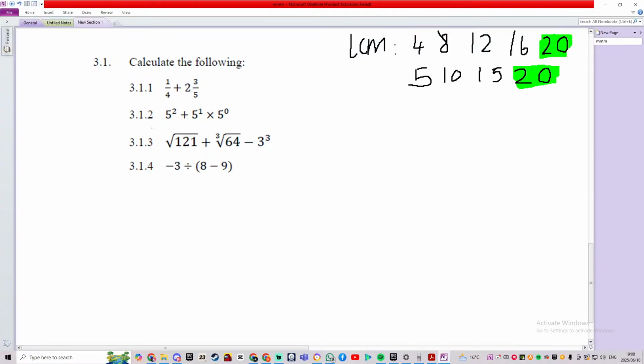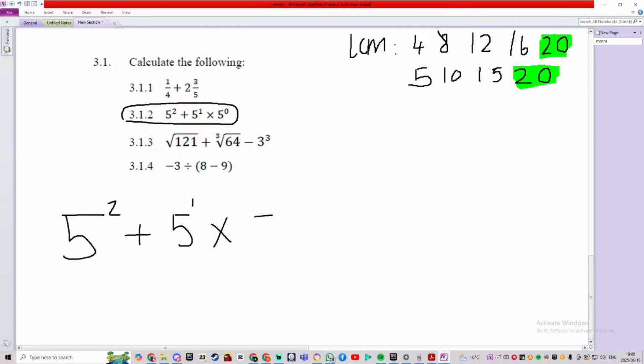Now, looking at the second question here. 5 squared. Lovely stuff. So we have 5 squared plus 5 to the power of 1 times 5 to the power of 0.